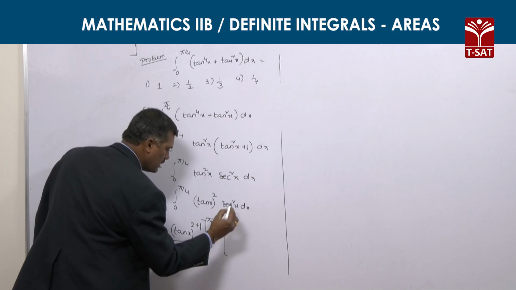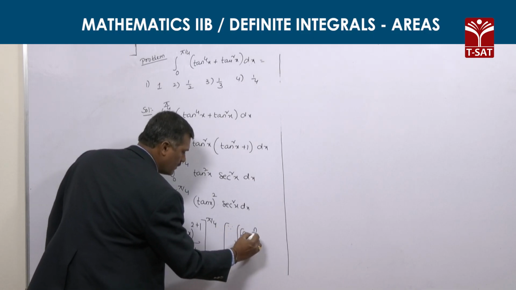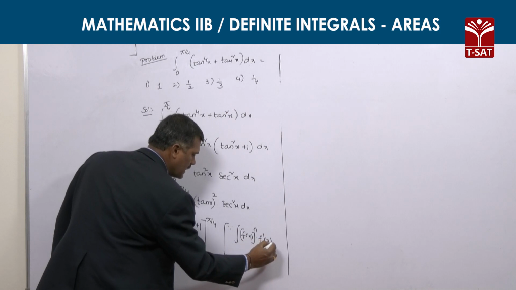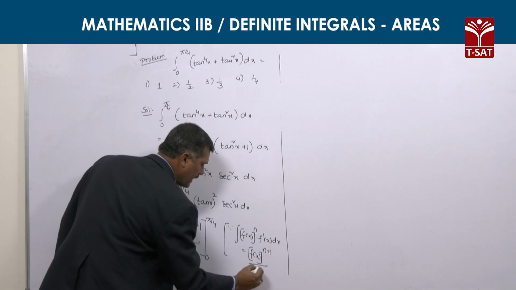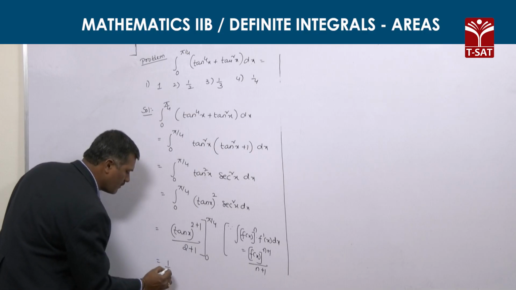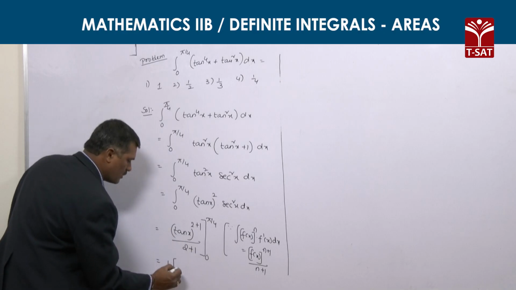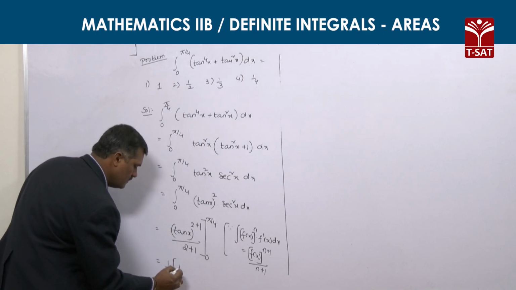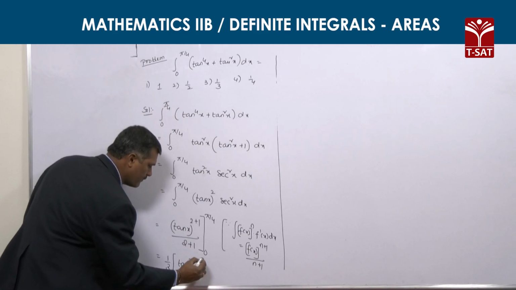Since the integral of f of x whole power n into f dash of x into dx is equal to f of x whole power n plus 1 by n plus 1, that is equal to 2 plus 1, 3, 1 by 3 constant, taking outside tan cube x, limits 0 to pi by 4.